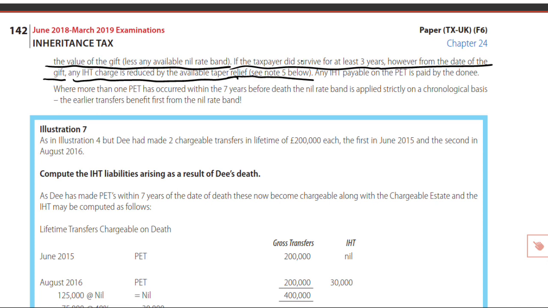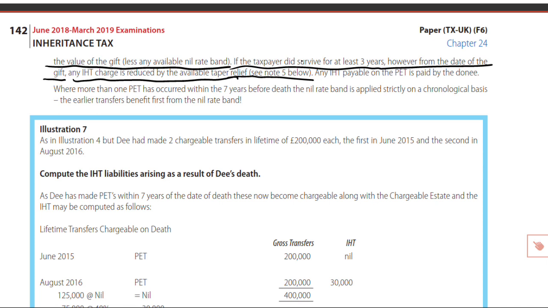So what we have is a situation where if your taxpayer lives for more than 7 years, then there is no tax to pay as a result of their death on a gift made more than 7 years before they died.